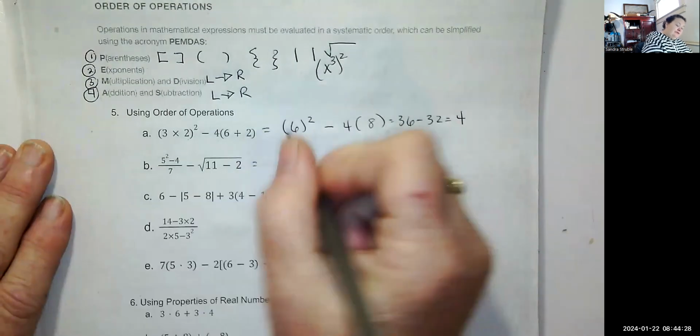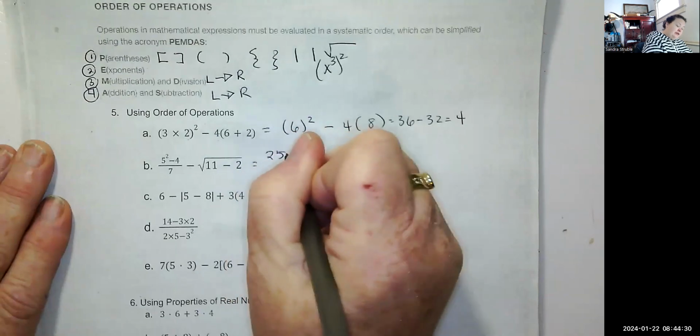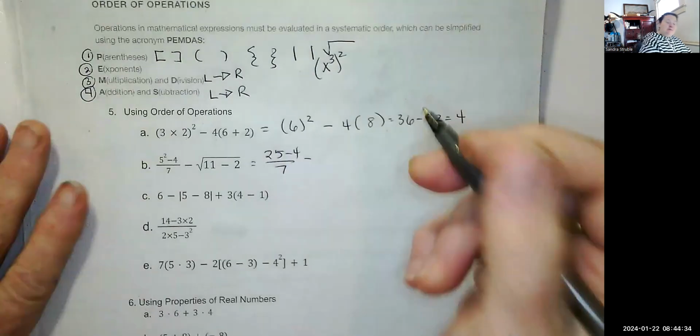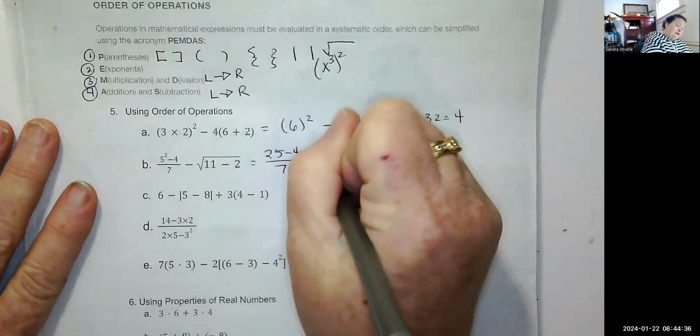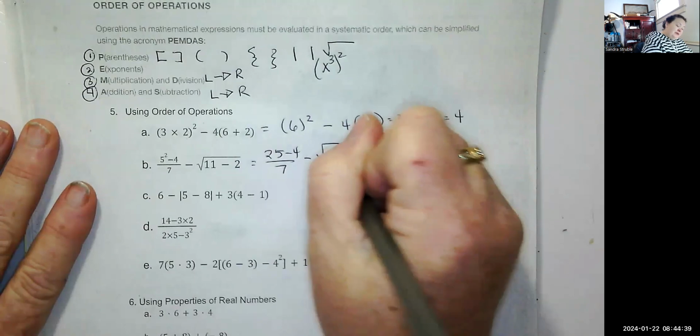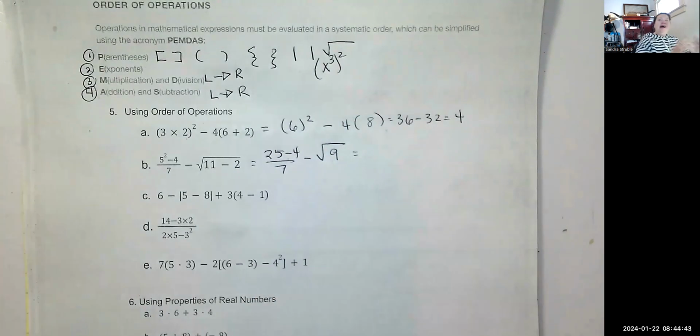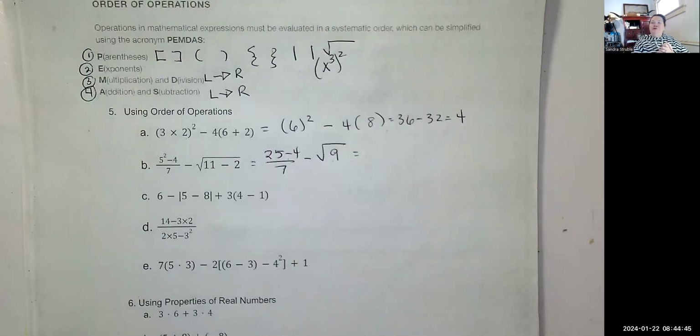I'm going to go ahead and do the 5 squared, 25 minus 4 over 7. I'm not doing anything else because it's not tied to the 11 minus 2. Minus the square root, 11 minus 2 is 9. So now we have 25 minus 4 over 7 minus the square root of 9. I'm not rewriting the 25 minus 4 over 7, because it's not attached to that square root of 9. So I'm going to go ahead and subtract.